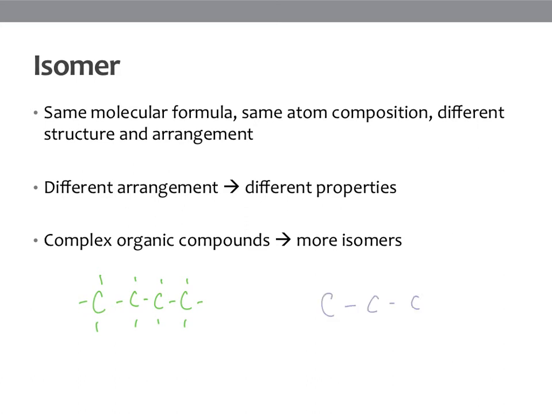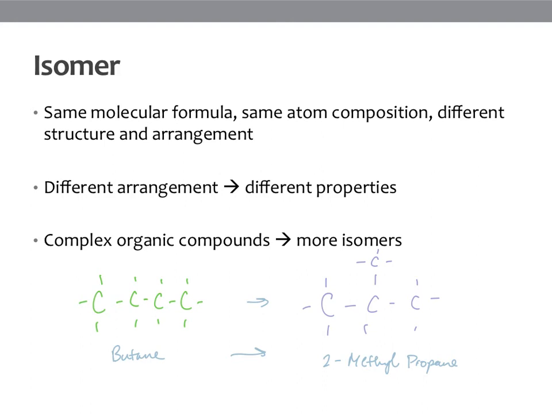So notice what I'm going to do here. Look at this right now. You went from basically butane, rearrange the atoms again to make 2-methylpropane. Not only do you rearrange the structure, you also change the name.